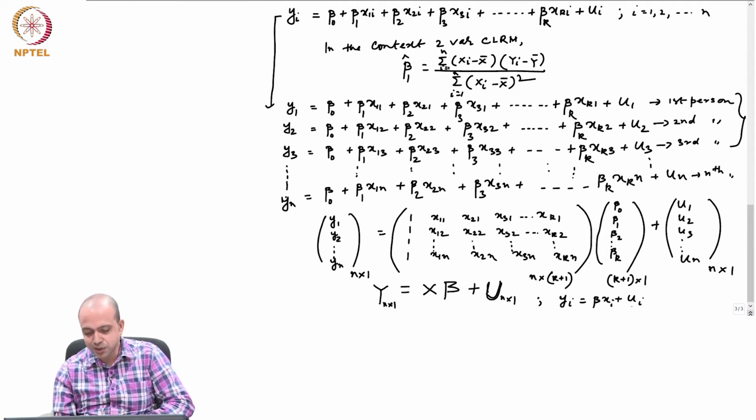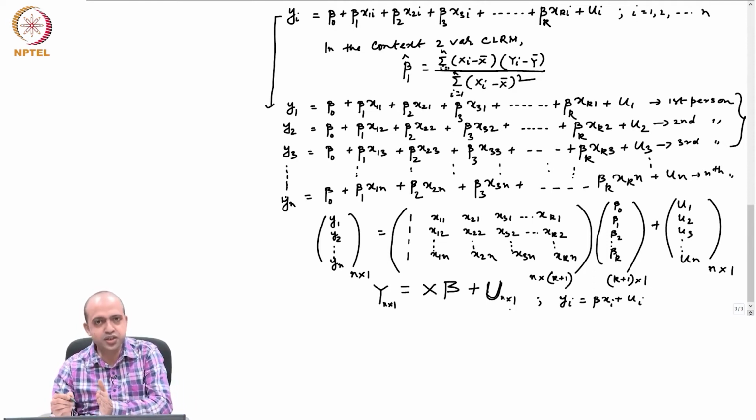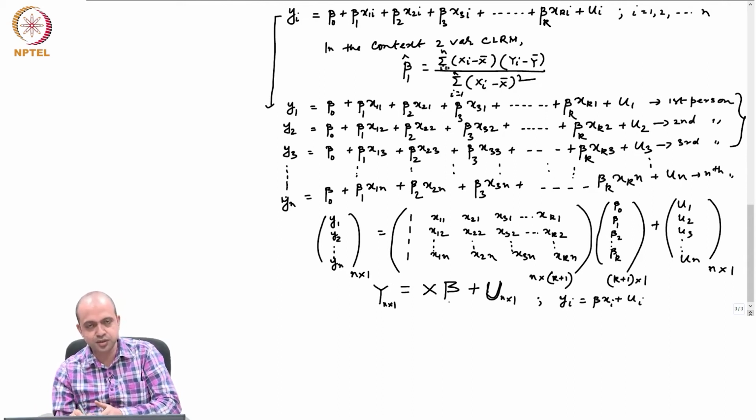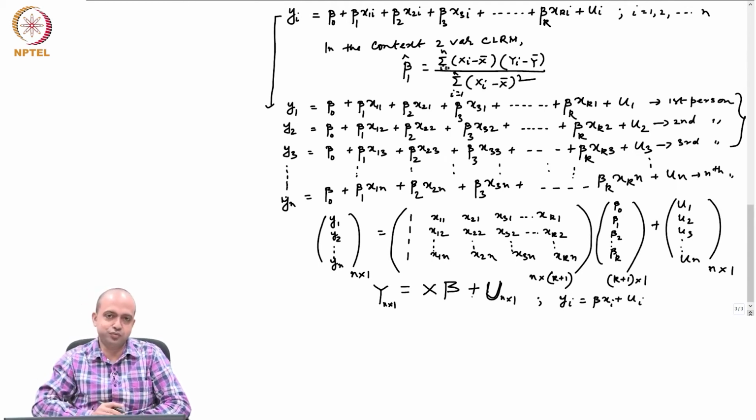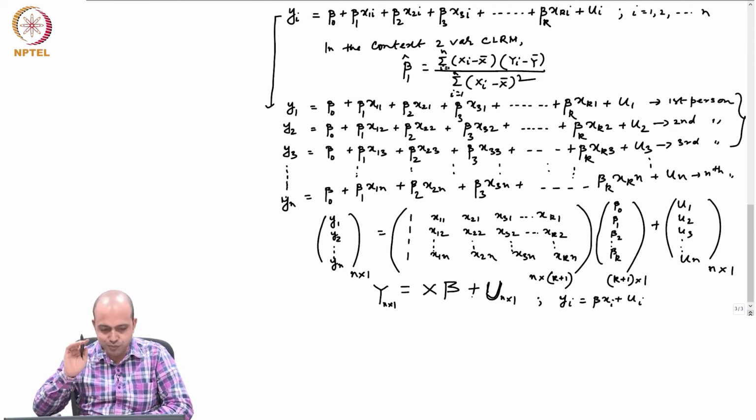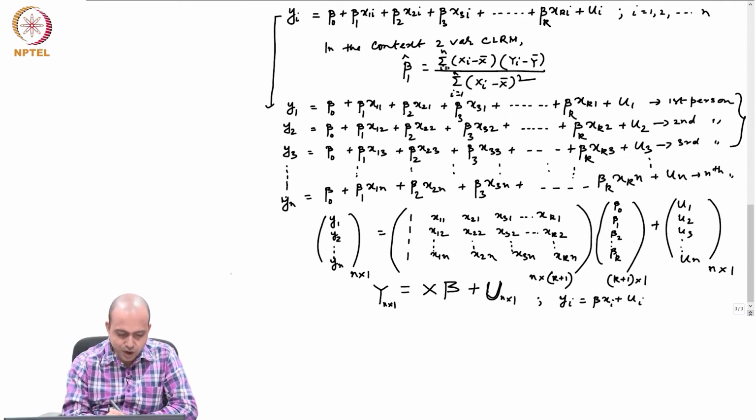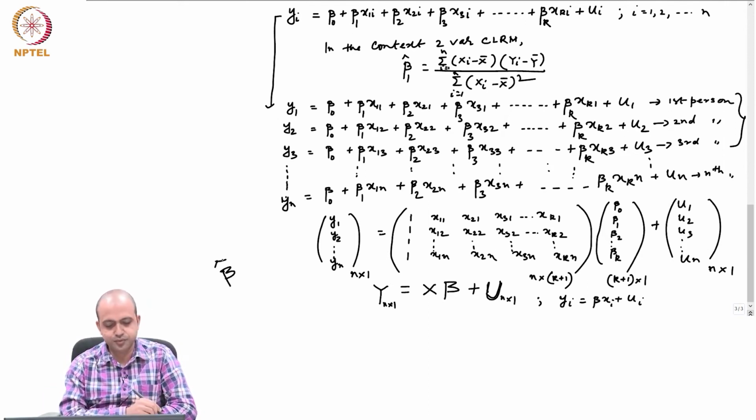Here it is beta x plus u, but when you represent this in a system of equations, write it in matrix notation, and ultimately express it in the most precise fashion, you will get y equals x beta plus u, right. This is how you have estimated. Now, what is our objective? Our objective is basically to estimate this.